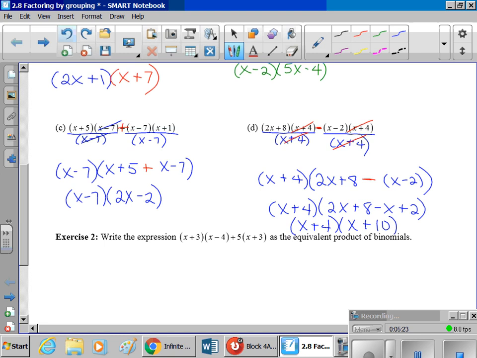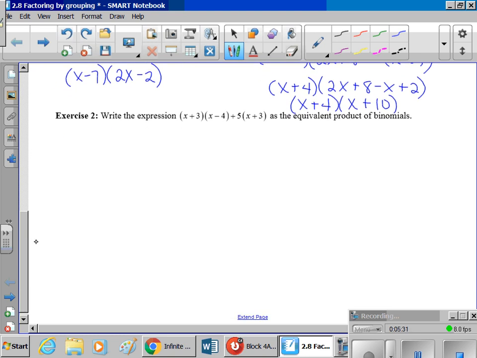Okay, so moving on to exercise 2, write the expression as the equivalent product of binomials. So, even if it doesn't say factor this by grouping, you can hopefully see that the x plus 3 is going to be common to both of these. So factor out that x plus 3, and then what do we have left over?